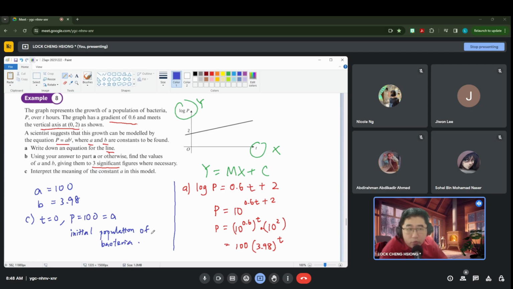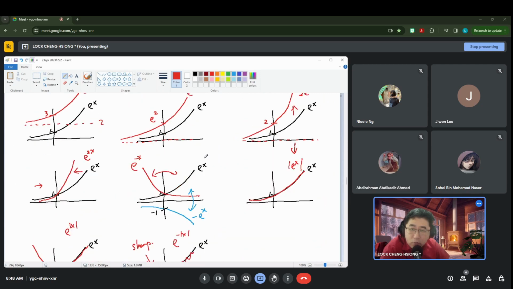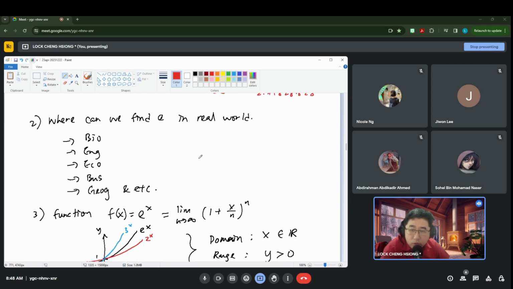Of course, for non-science students, you may have difficulty with this type of question, but no choice if the question actually asks in this way. Of course, not all the time can the question be asked using the science of biology, because as I said earlier, in the real world, it appears in anything.